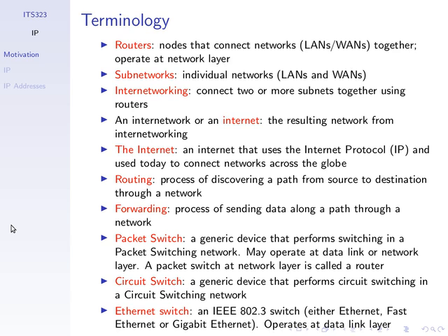What else? A packet switch at the network layer we'll call a router. It's the same thing, but we just commonly refer to it as a router. We saw last week we also have switches in our LANs. We'll try to refer to that as an Ethernet switch.